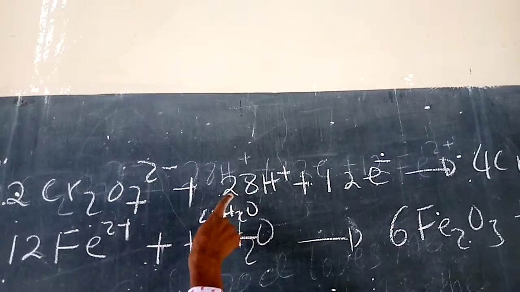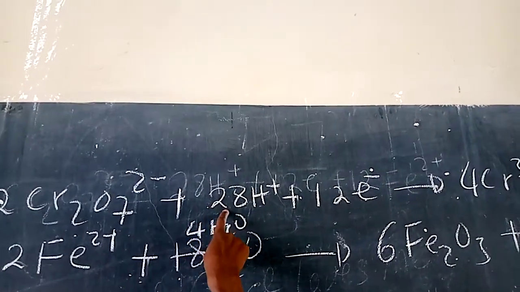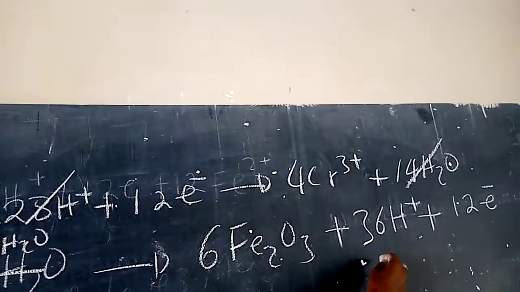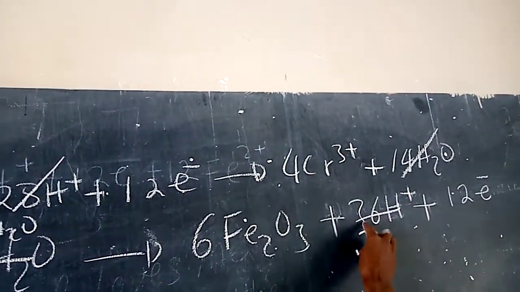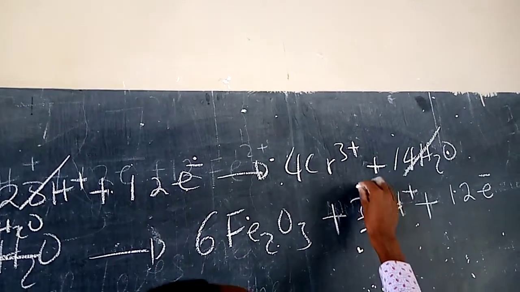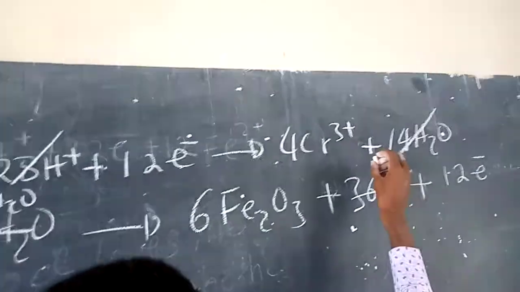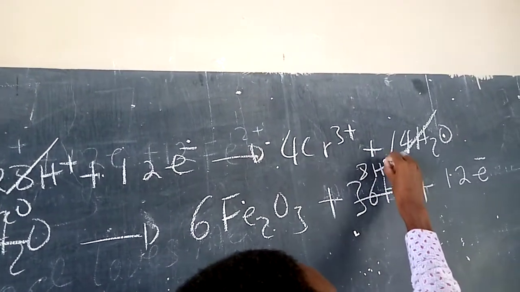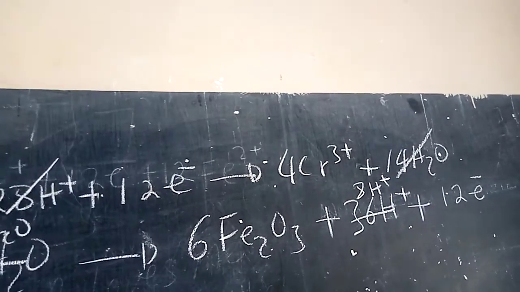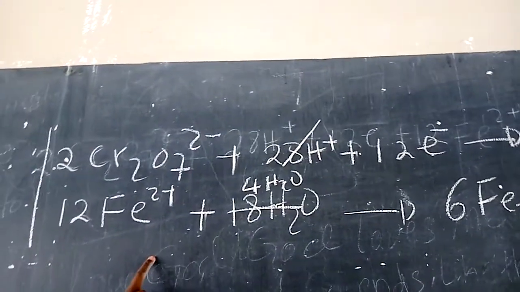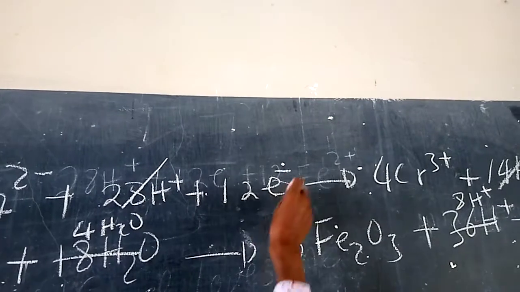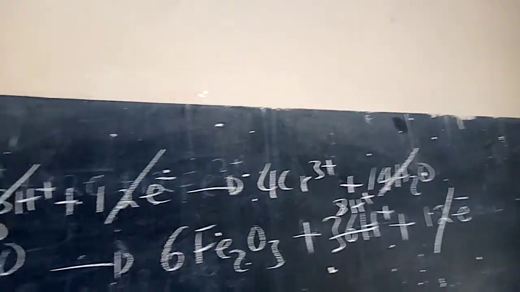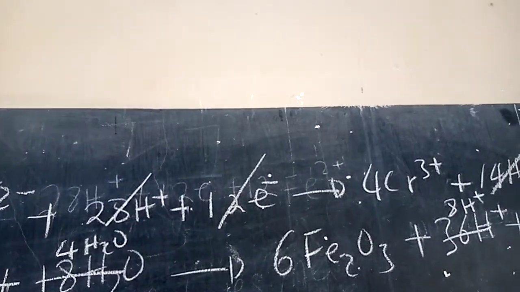How about the hydrogen protons? We have 28 on the reactant side and 36 on the product side. 36 minus 28 gives 8 hydrogen protons. Also we have 12 electrons on the reactant side and 12 electrons on the product side.